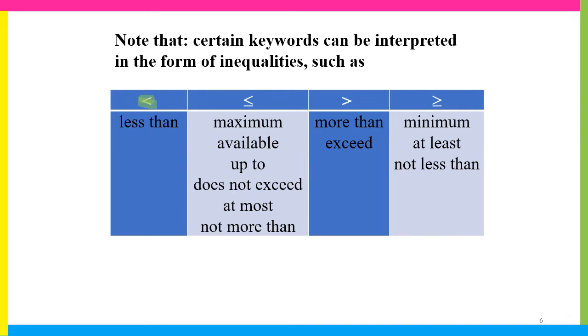So for example, less than is less than, and then less than or equal to, it can be maximum, available, up to, does not exceed, at most, not more than. So you have to make sure that you interpret the correct word. Okay, so available, it can be we use everything, or we might skip some of it. So that's why it will be less than or equal to.